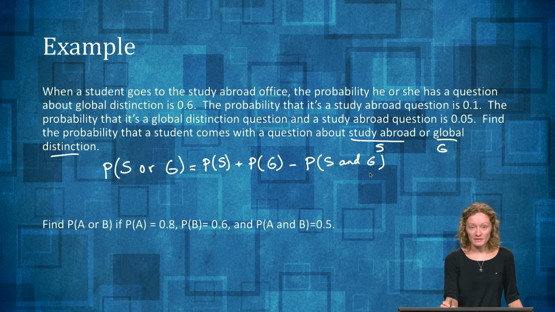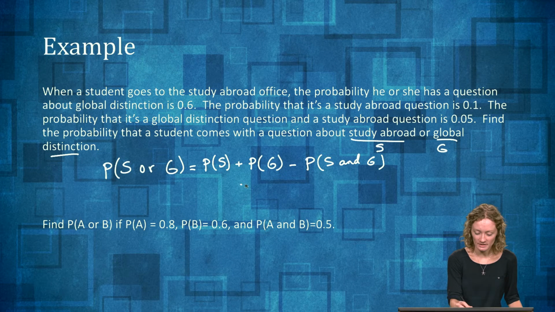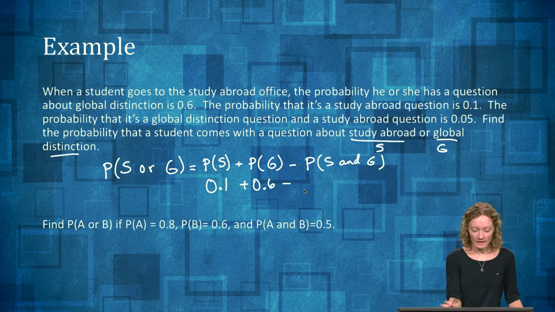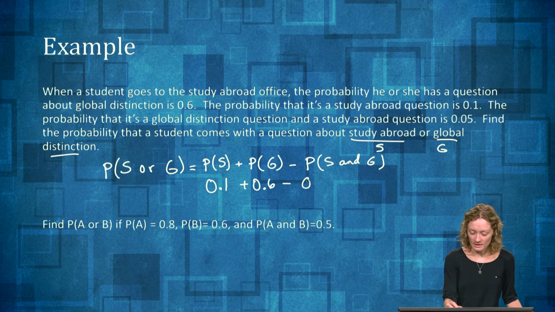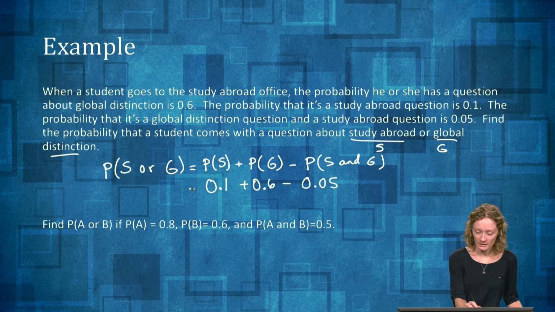And we have 3 of these pieces of information. We were given the probability here, she has a question about global distinction, is 0.6. The probability it's about study abroad is 0.1. And the probability that it's both global distinction and study abroad is 0.05. And we're looking for the probability that it's one or the other.